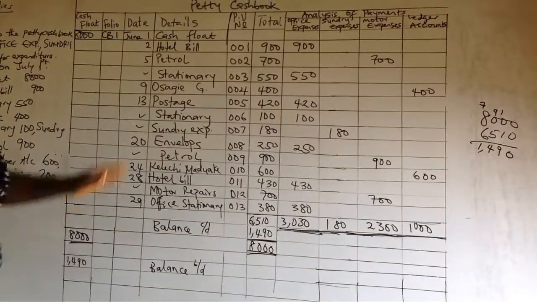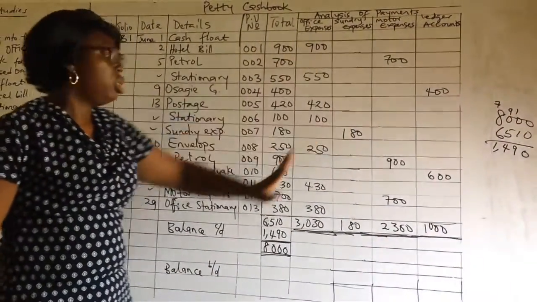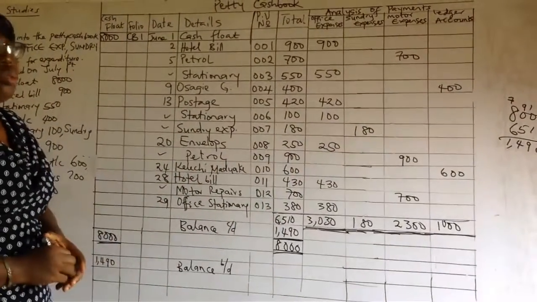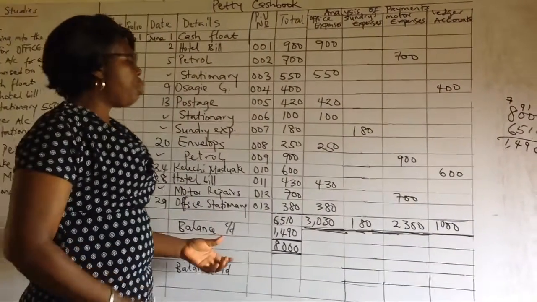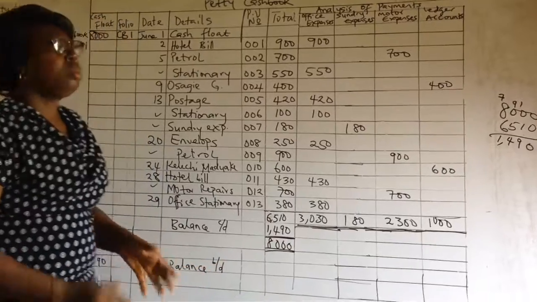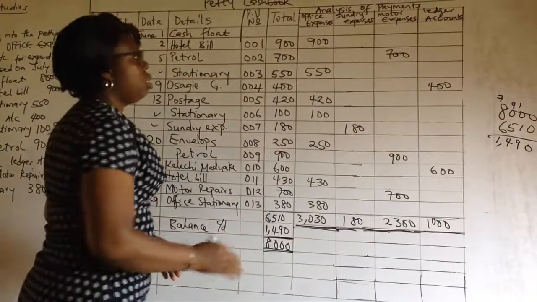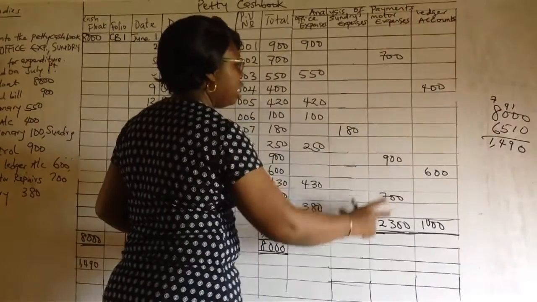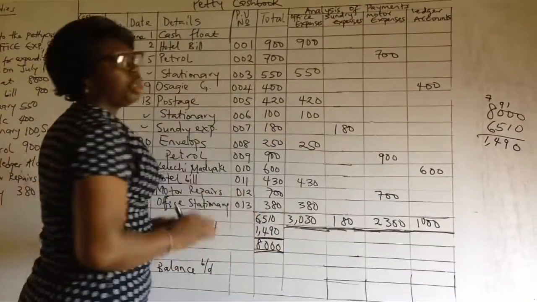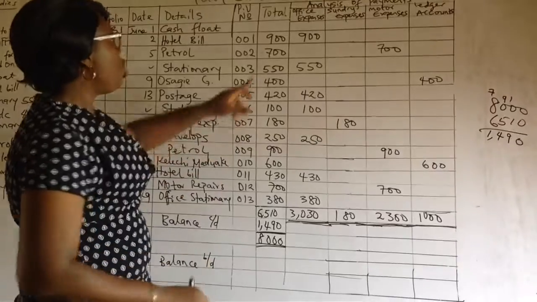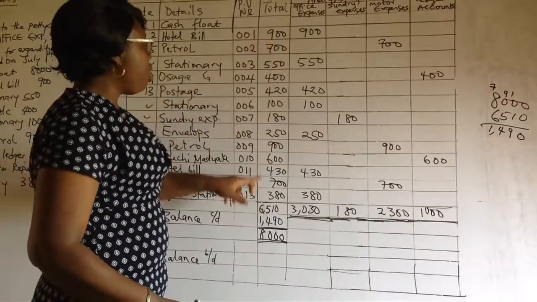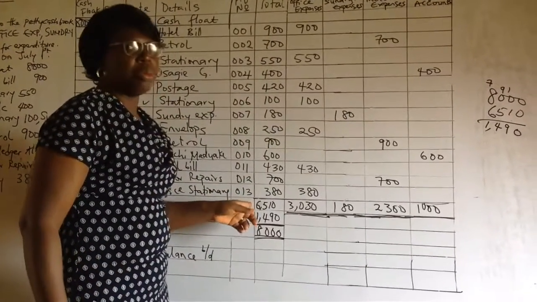What we did first was post all the transactions, then we balanced our account. Most students have problem with balancing, and I've explained how you can balance your account with ease. First of all, total all your analytical columns together, drop the totals. Come to your total column, add up everything, you will get your figure.